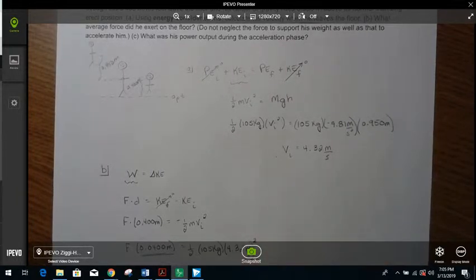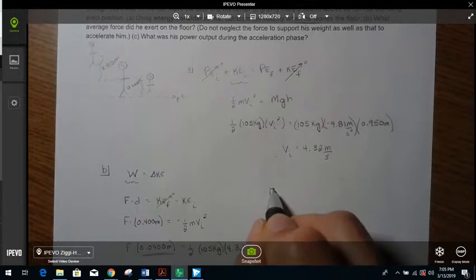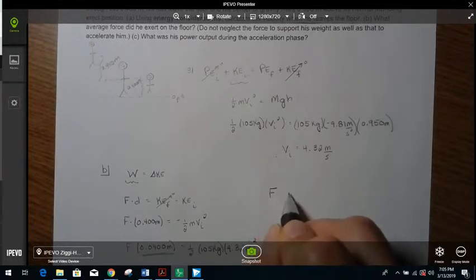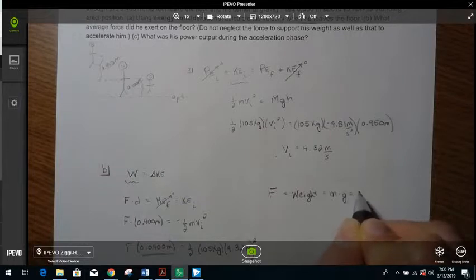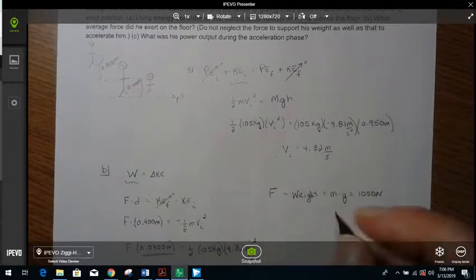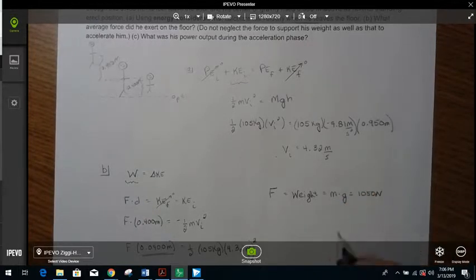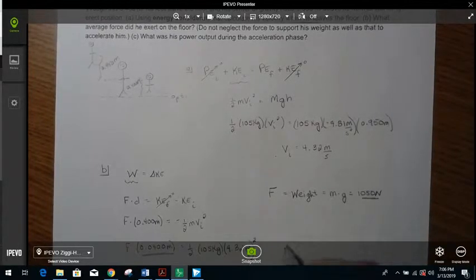So we have to include that in the total force calculation. So force equals weight, which equals mass times gravity, equals 1,050 newtons if we use 10. Then we add this 1,050 newtons to the 2,446 newtons to get the total force.